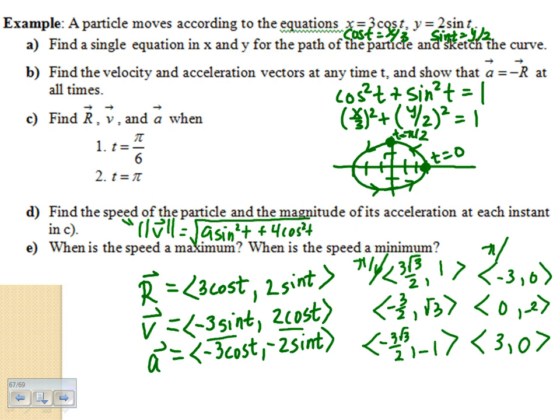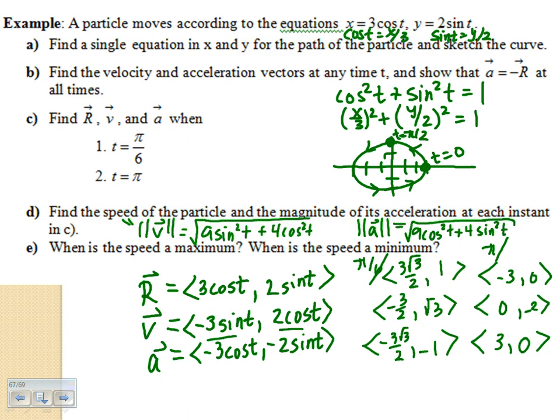An acceleration vector in general, or sorry, the magnitude of acceleration in general would be 9 cosine squared t plus 4 sine squared t, right?